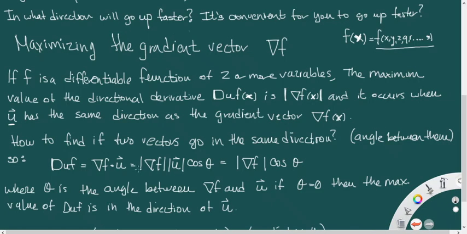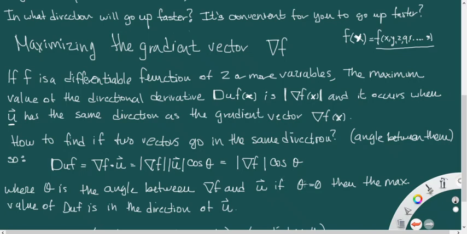And if we calculate the magnitude of the gradient vector times the magnitude of the unit vector times the cosine of theta, you will end up with the magnitude of the gradient vector times the cosine of theta, where this theta value is the angle between the gradient vector and the unit vector or directional vector u.